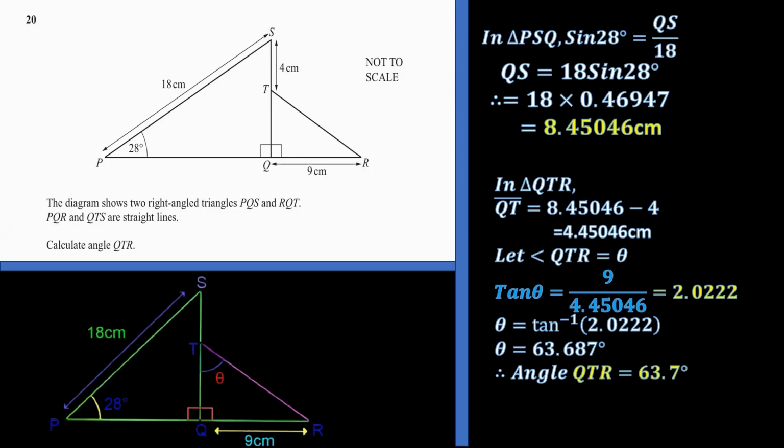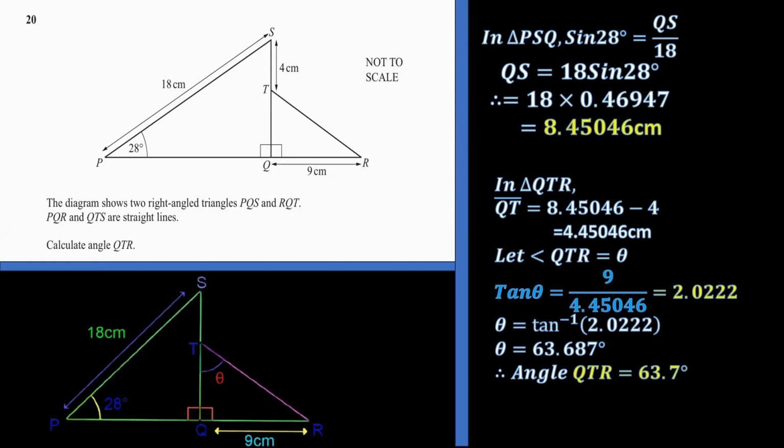63.687 degrees, okay? But one of the instructions for students preparing to write IGCSE examination, whether 0580 or whatever, check the instruction told that angles are left to one decimal place.